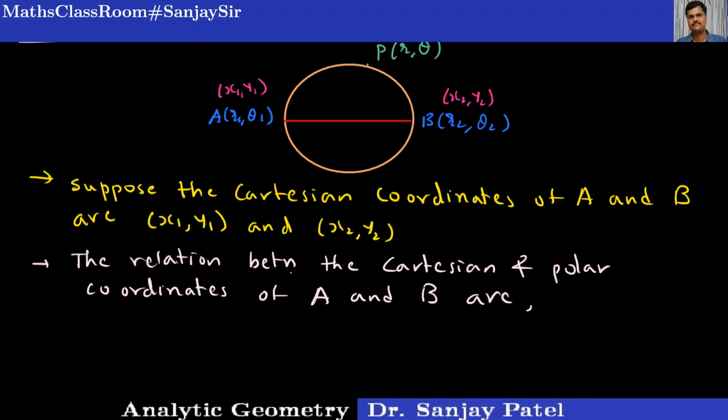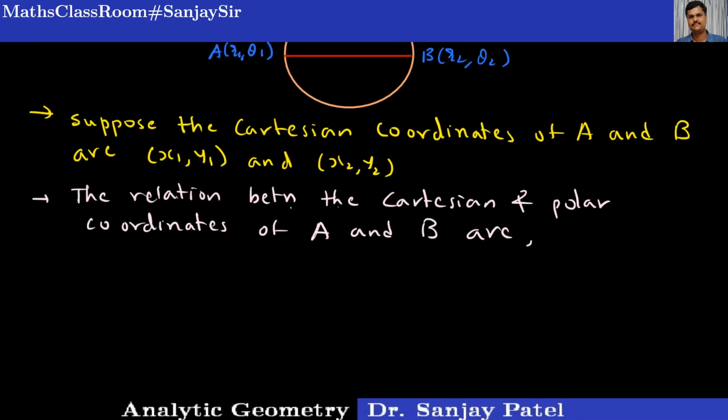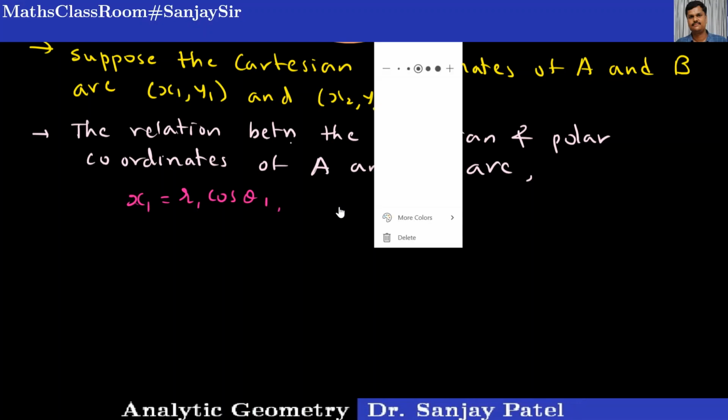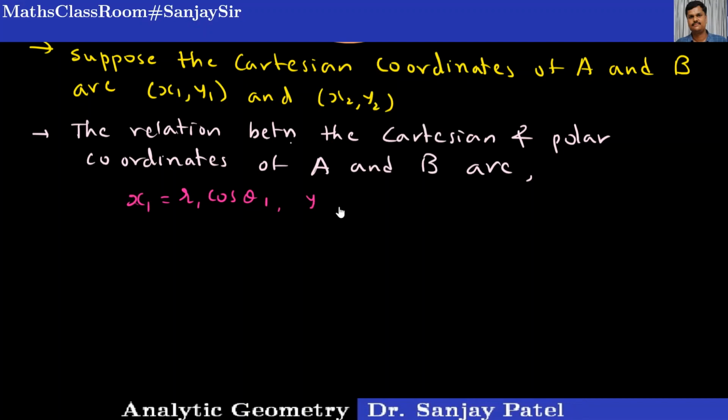This relation we can write, as you know, as x1 is equal to r1 cos theta 1, and y1 is equal to r1 sin theta 1, x2 is equal to r2 cos theta 2 and y2 is equal to r2 sin theta 2.